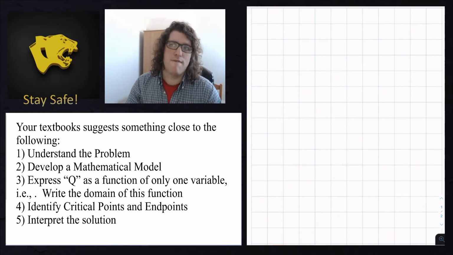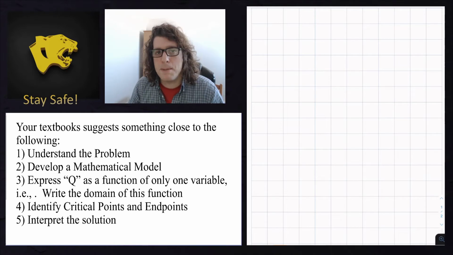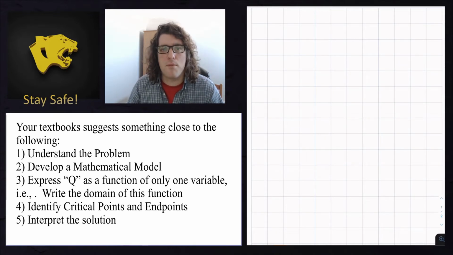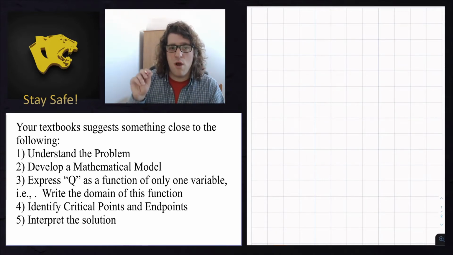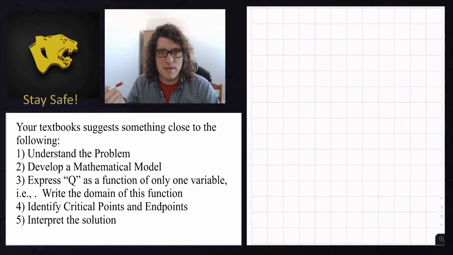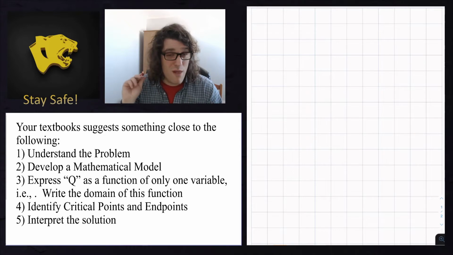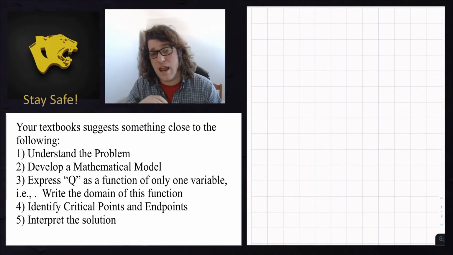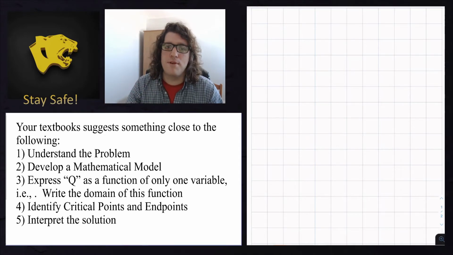Now, once you have got some sort of model going on, you need to break that model down into the thing that you're trying to minimize or maximize. That's going to be a single variable. So you want that thing to be isolated, and then everything else is to be described using a single variable only.